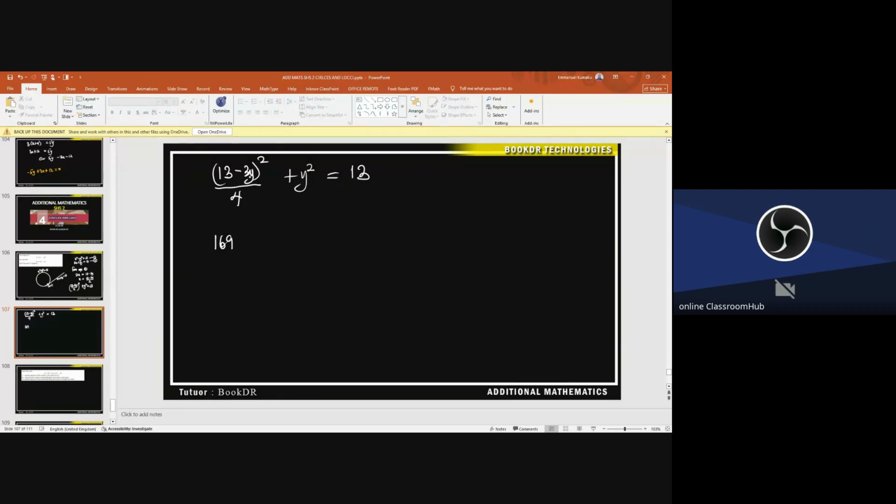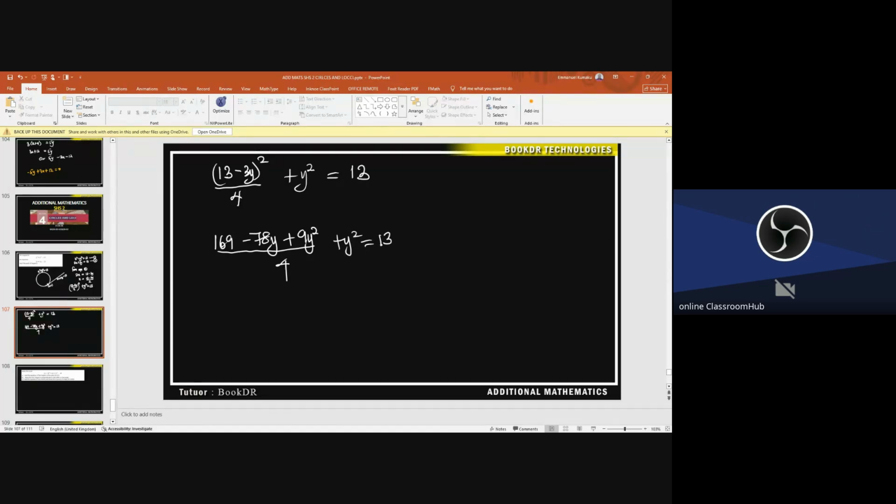Then multiply 13 by 3, and we are multiplying by negative 3, so that will give us minus 39. Then we'll multiply it by 2. So 39 times 2, let me quickly check, that is 78. So minus 78y. Then we square the minus 3y, and that will give us positive 9y squared all over 4. Then plus y squared is equal to 13.